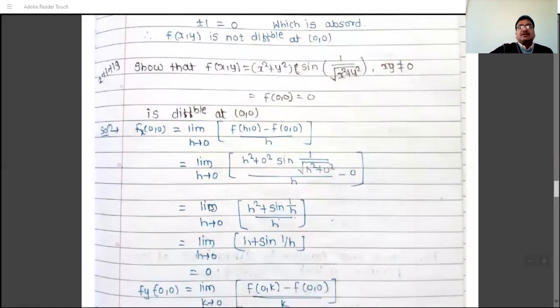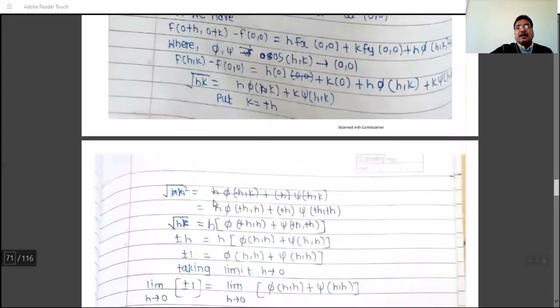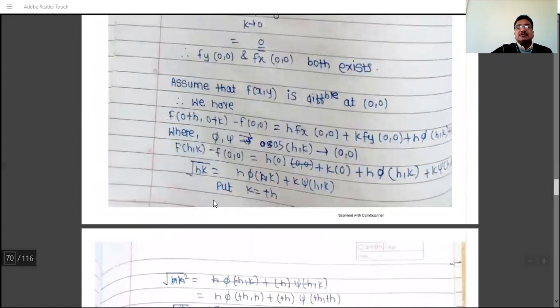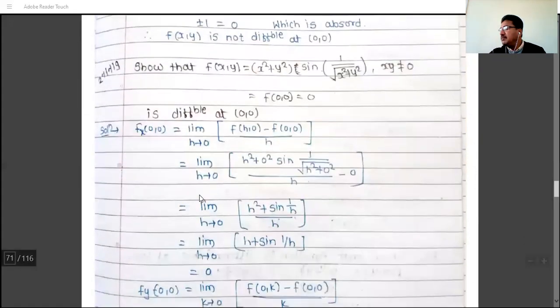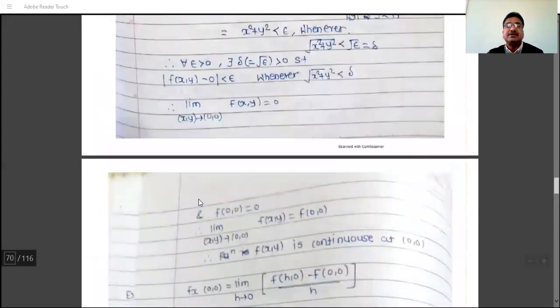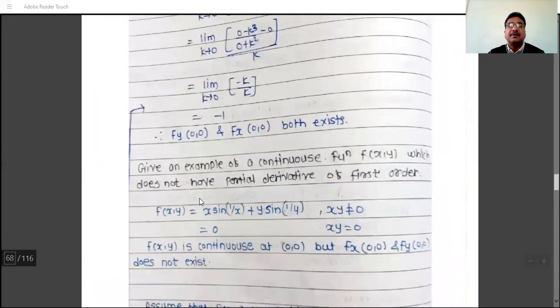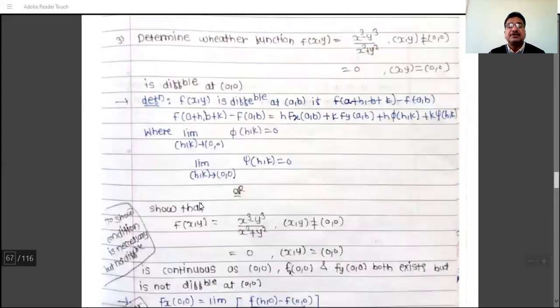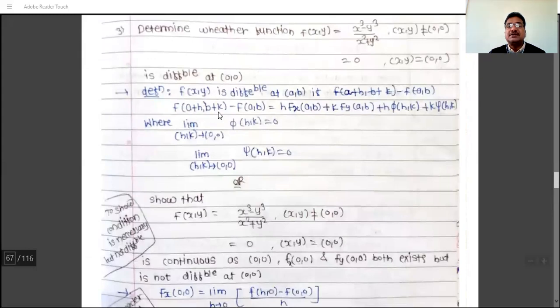Use the definition of differentiability. That is, express f(a+h, b+k) minus f(a,b) in the form h fx(a,b) plus k fy(a,b) plus the remaining terms. Use the definition of differentiability. How can we show the function is differentiable? Express this left side in the form of the right side.